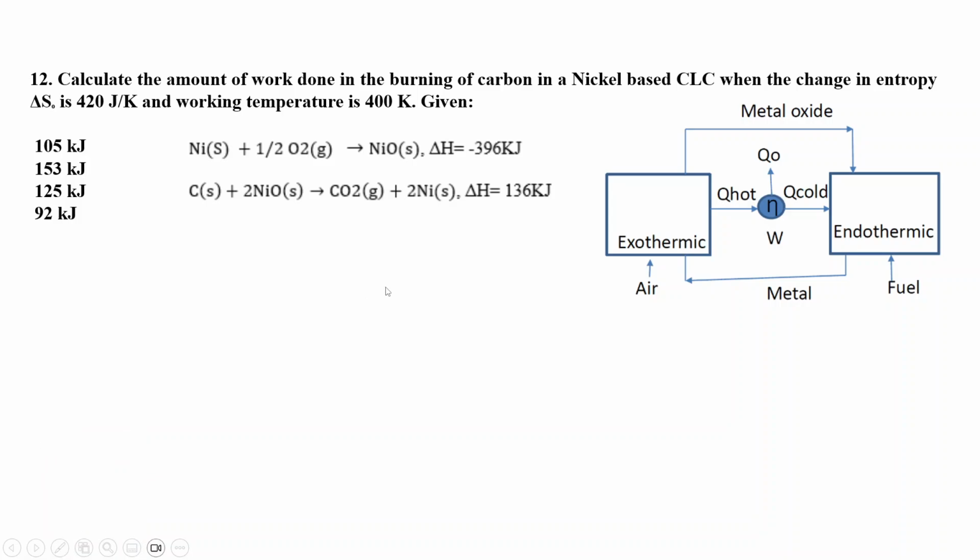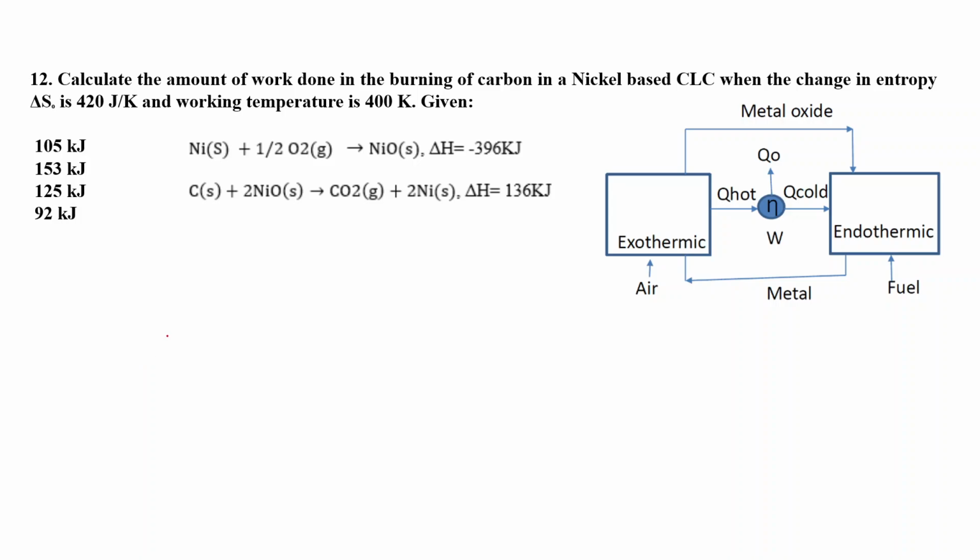So this question is quite similar to the last one. This is the oxidation of nickel to nickel oxide, which is an exothermic reaction, and this is the reduction of nickel oxide to nickel, which is an endothermic reaction. So this is Q hot, this is Q cold. Q naught will be calculated using T delta S, which is 420 into 400 Kelvin, and we will calculate W from here.